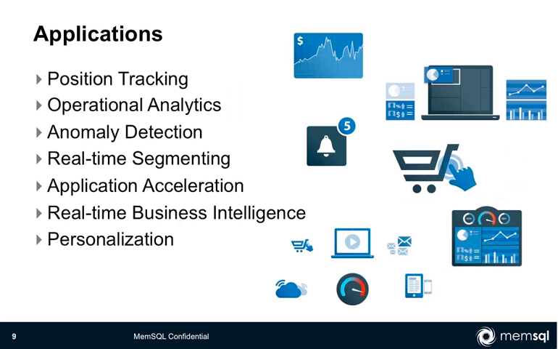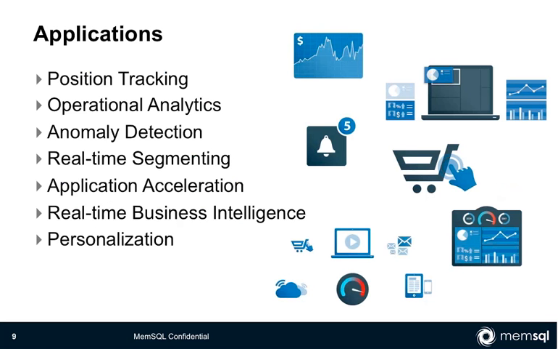The applications in today's world of interconnectedness and interaction are far and wide. Some of the key areas include position tracking, operational analytics, anomaly detection, segmentation, personalization, real-time business intelligence.